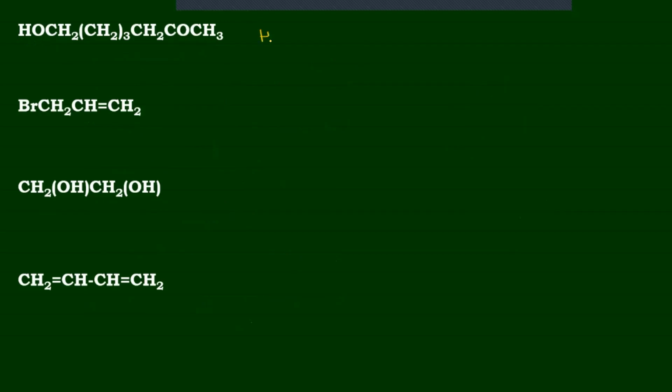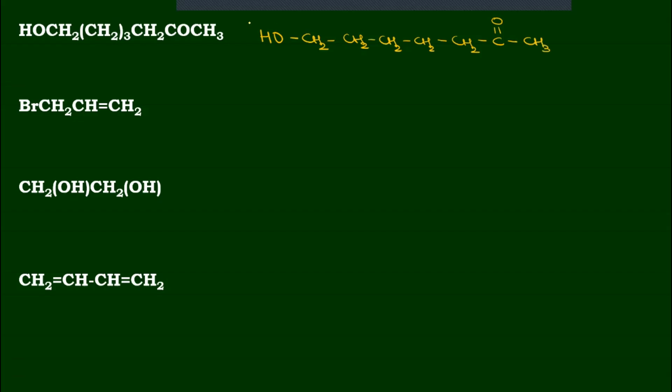Converting this into structural form, it's HOCH2 followed by CH2 repeated 3 times, followed by one more CH2. The CO is C double bond O and CH3. This is equivalent to the condensed structural formula. So once again, for naming the compound, thought process: first, observe how many functional groups are there.